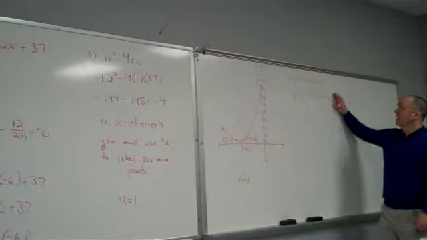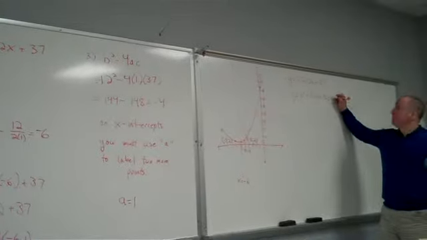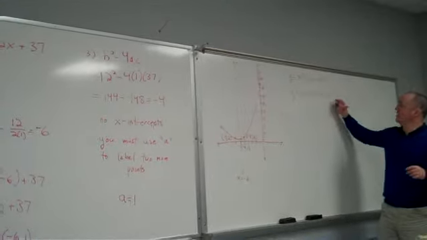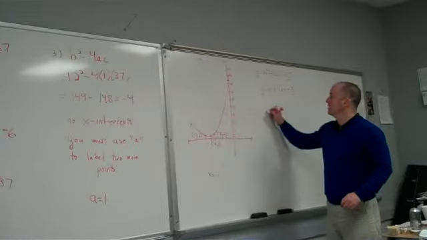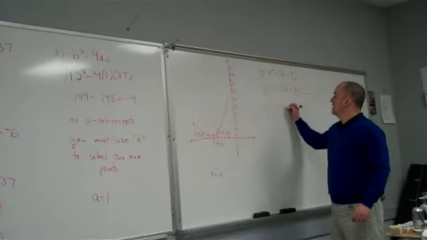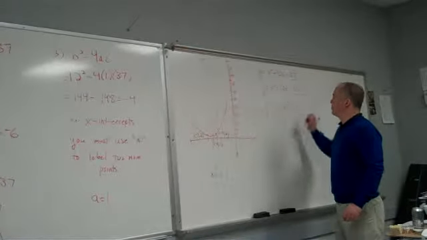But when you do 37, then plus 1, because 36 plus 1 is the same as the 37 above it. So would you have x plus 6 squared? x plus 6 squared plus 1.